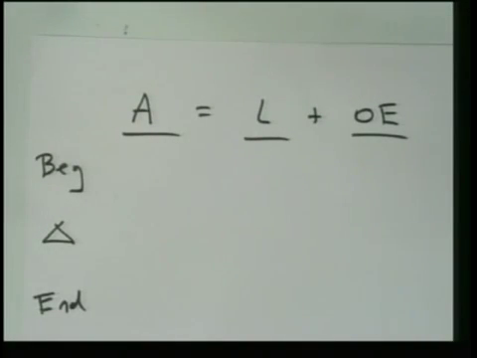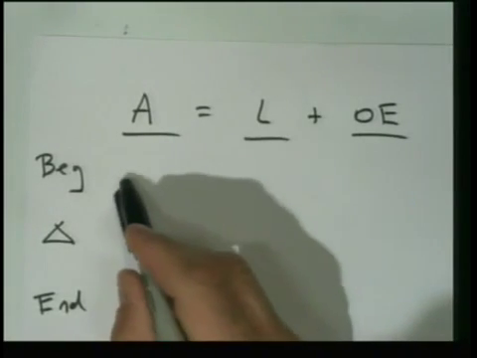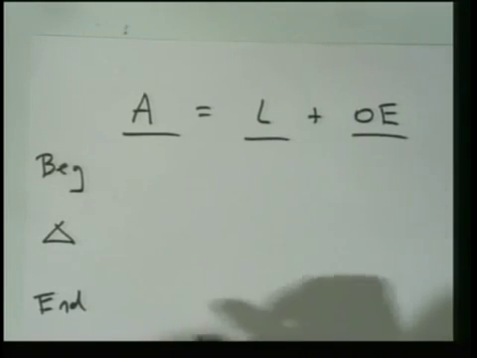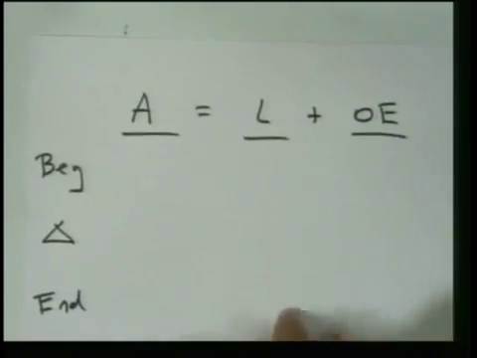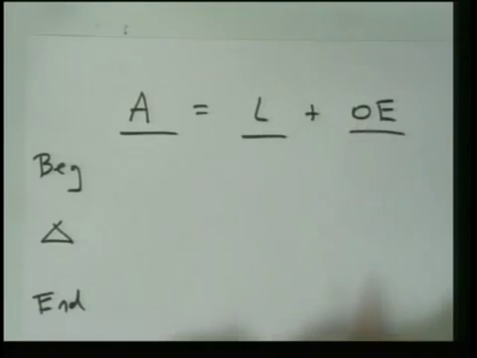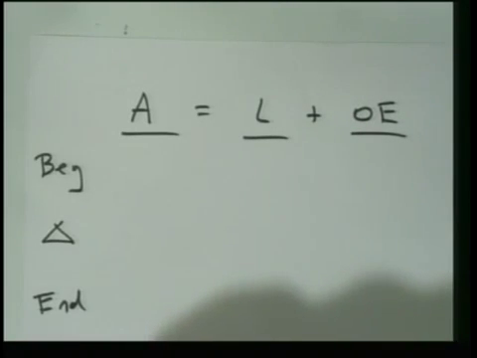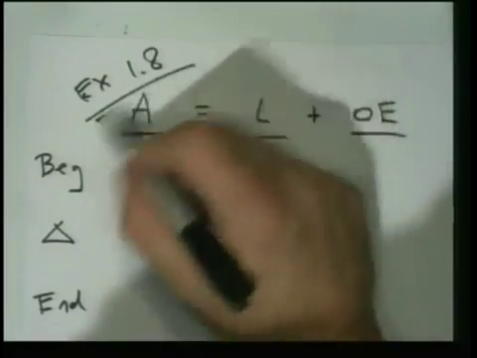So what you can do, and I'm especially talking about B and C on exercise 1-8, is start putting, if they give you beginning numbers, put those in here, figure out the other one. If they give you ending numbers, put those here. If they give you changes, put those there. It's kind of like a puzzle because it has to work vertically and it has to work horizontally. Does that make sense? So if you haven't done exercise 1-8, you might use that format.